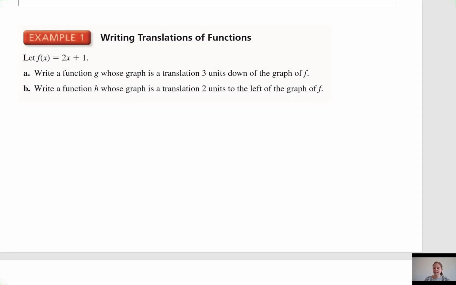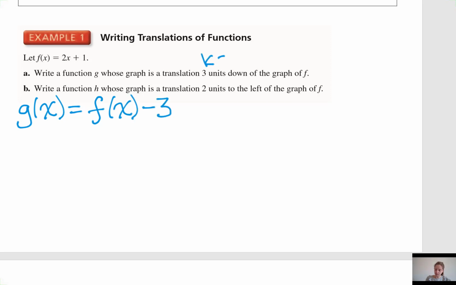Example 1, writing translations of functions. Let f of x equal 2x plus 1. A, write a function g whose graph is a translation 3 units down of the graph of f of x. So we're going to have a function g that is a vertical translation 3 units down. So what we want is the original function minus 3. Right? This is our k value here, k is negative 3 if we're going to shift down 3 units.